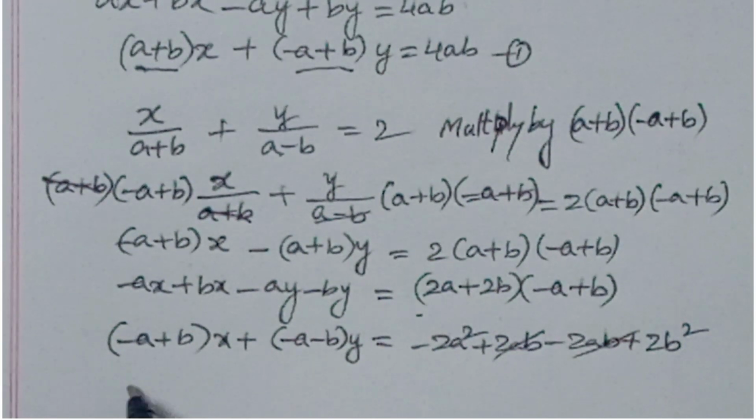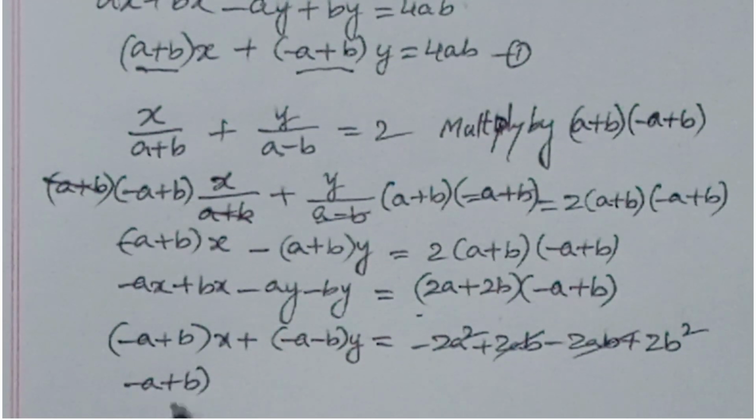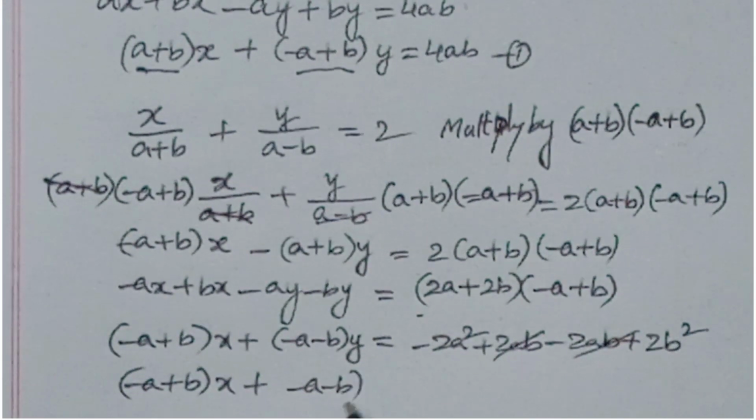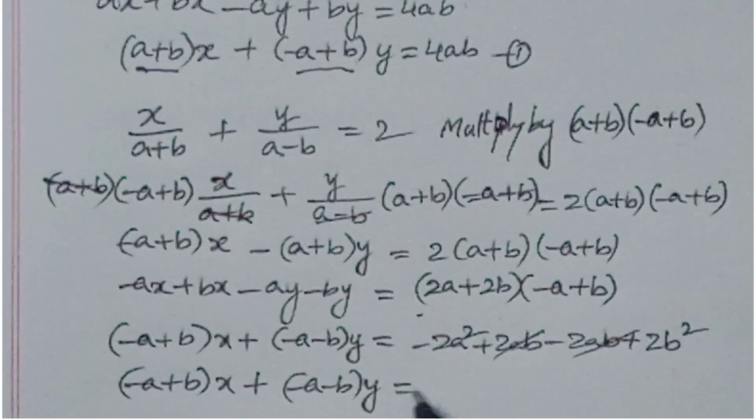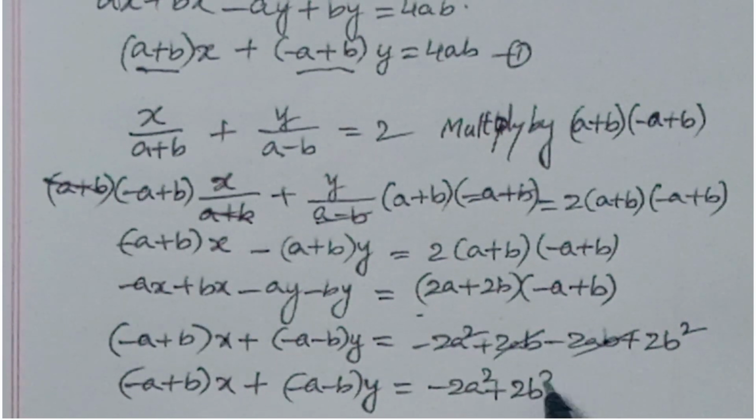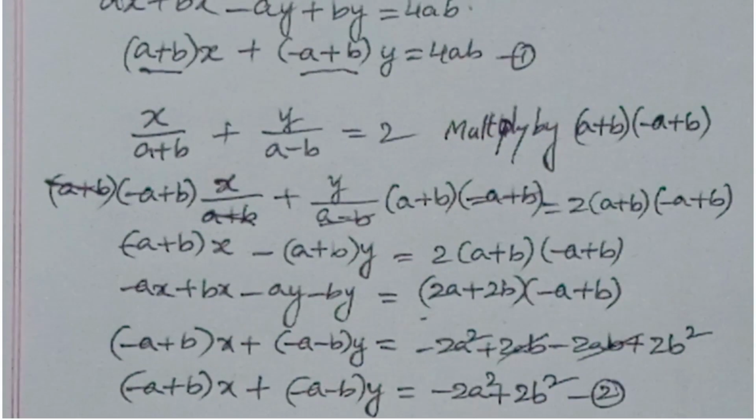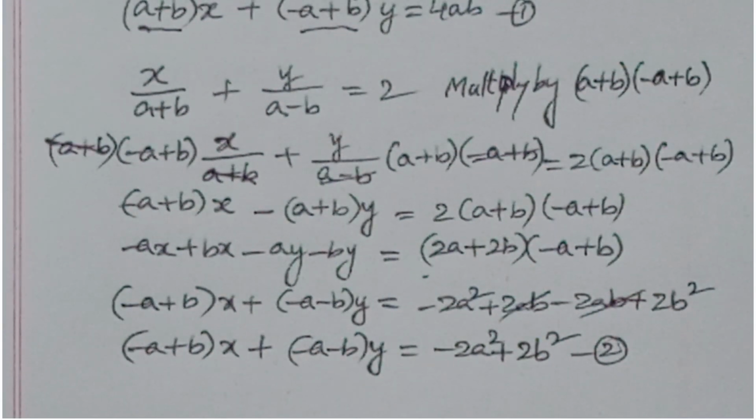So here we are getting (-a+b)x + (-a-b)y = -2a² + 2b². This is the second equation we are getting. We are changing the second equation like this.